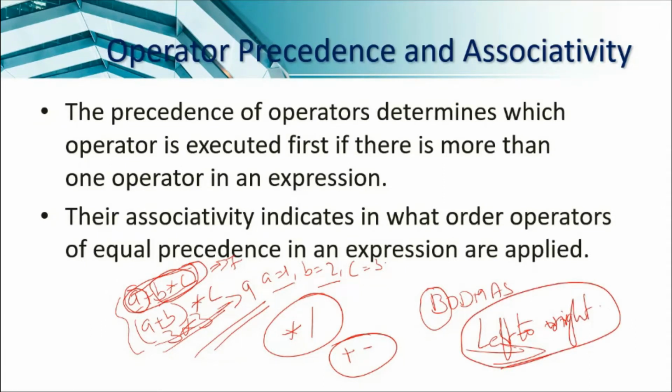Most of the operators have left to right associativity. Only a very few operators have right to left associativity. Only two types of associativities are there: one is left to right and the other is right to left. So let us see which are the different operators and how the operator precedence comes.